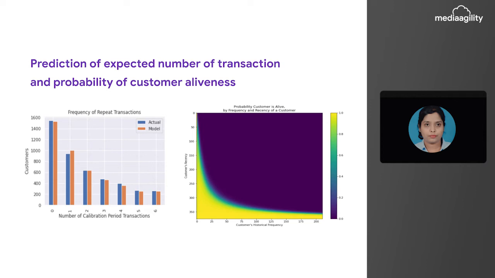Here we can calculate the probability of the customer being alive using the frequency and the recency values. That means if the customer has high frequency, and the time between his first purchase and last purchase is very high, then the customer is alive. So this is the probability of customer alive graph.